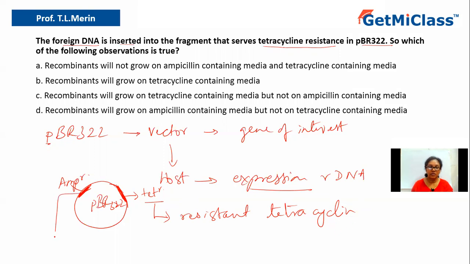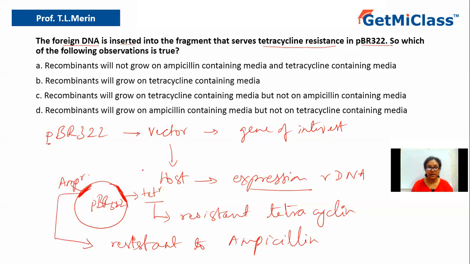And also, if the ampicillin resistant gene is active, like it is not yet inactivated, it is complete, then the organism will be resistant to ampicillin. What are ampicillin and tetracycline? These are two different types of antibiotics which can kill if these genes are not present or if these genes are inactivated. So here they are saying that the foreign DNA has been inserted within the tetracycline gene.